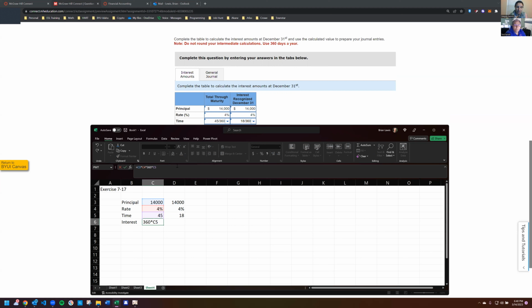So it's 15,000 times 4%, and then 45 over 360 times the whole thing. Yeah, basically the same thing. So this part right here figures out a daily interest, and I'm just multiplying it by the number of days that they're doing. Okay. And then I just copied this over, and that should give me 28. And let's see if I get the same numbers.